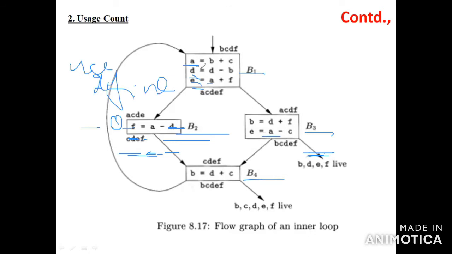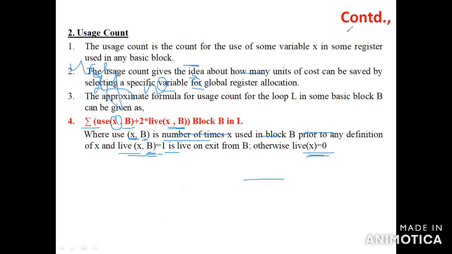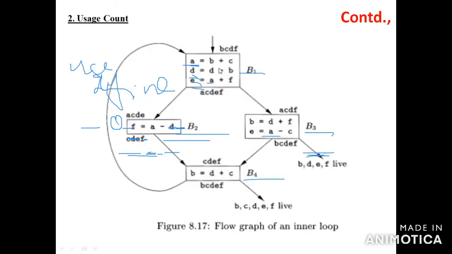So live of A comma B1: 2 into live of x, based on the formula. x is defined for the variable only 1 time, so 2 into 1 is 2. Similarly, you have to calculate for basic block 1, basic block 2, basic block 3, basic block 4.